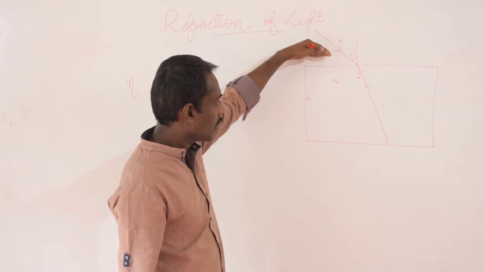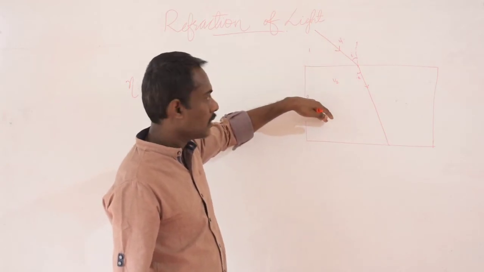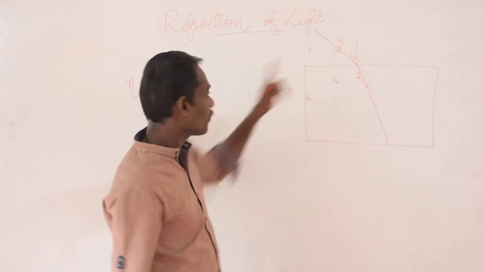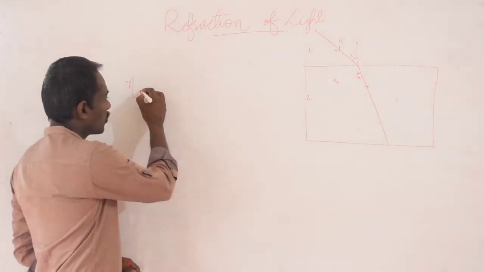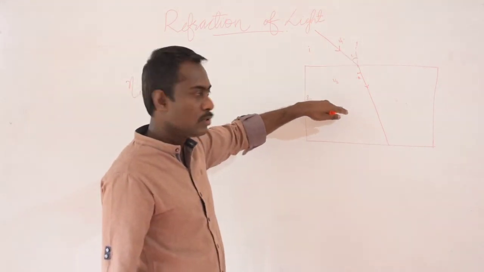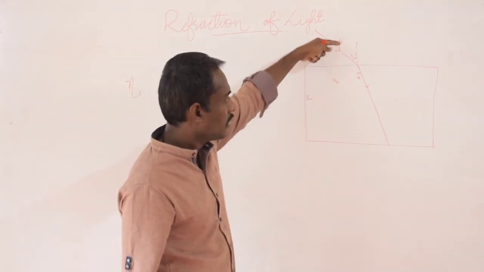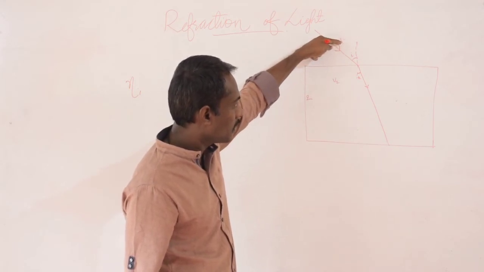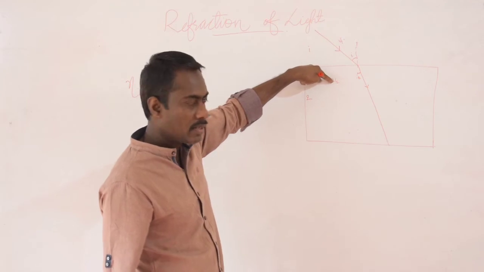Here we have medium 1 and medium 2, and the refractive index of medium 1 can be taken as n1, and the refractive index of medium 2 as n2. The speed of light is different in the two media: V1 in the first medium and V2 in the second medium.